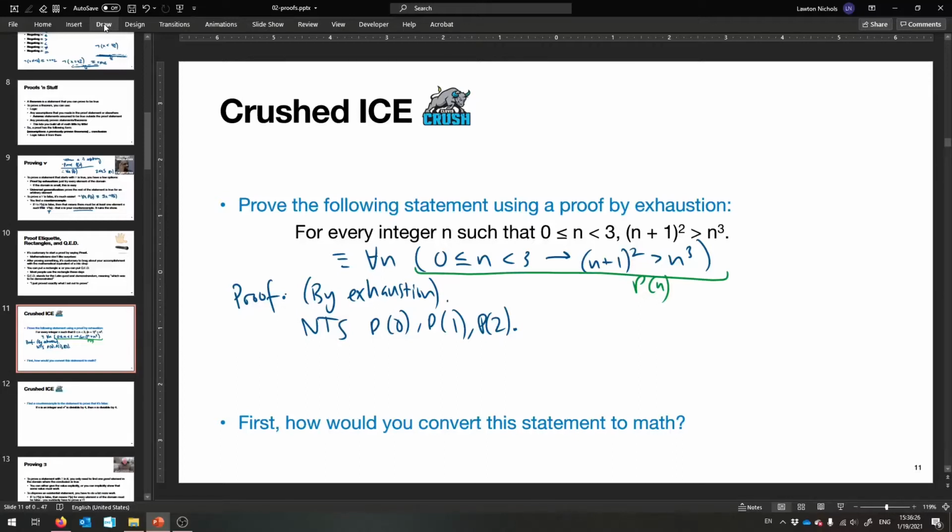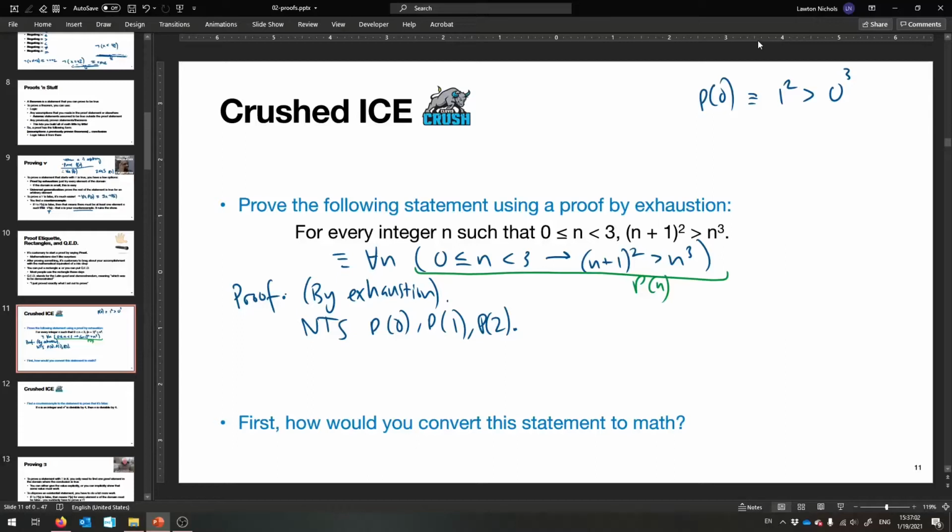So P(0), what's P(0)? I'll just do this fast. You can imagine how you can write the rest of this out. Let's write it up here, as part of our scratch work. P(0) is saying that, n is 0 in this case, because this is P(n). So (0+1)², so 1², is greater than 0³.